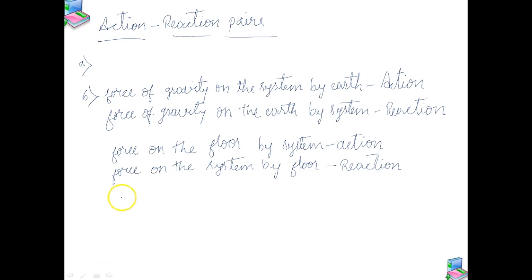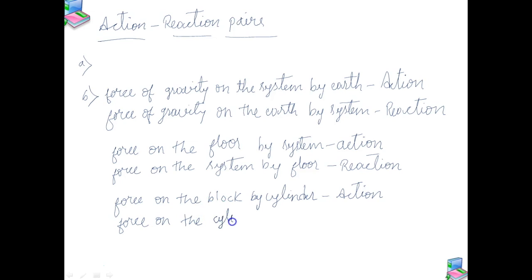So not only this, we can consider one more action reaction pair, that is force on the block by cylinder. Okay, so this is also one of the action reaction pairs.